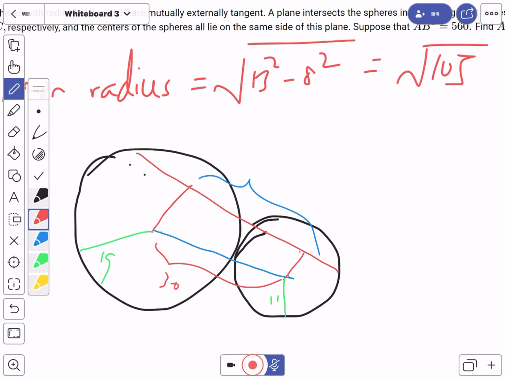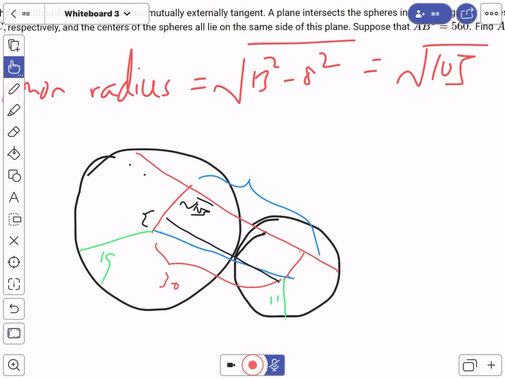We also know that R is equal to the square root of 105, right? So this is R. Now we can find this length over here. How do we find it? We use the Pythagorean theorem.